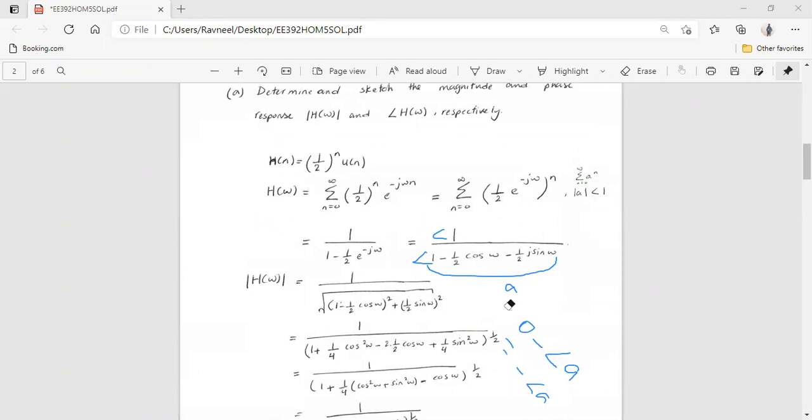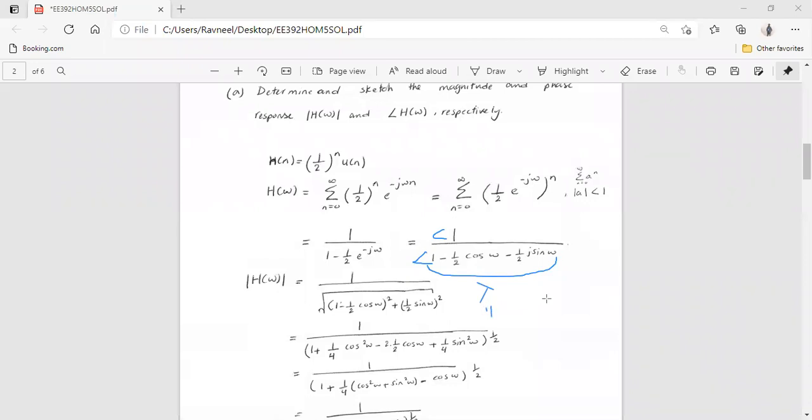So in order to determine A, that would be tan inverse in order to find the angle of this, right?